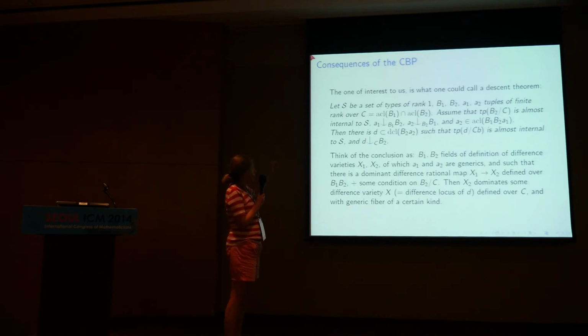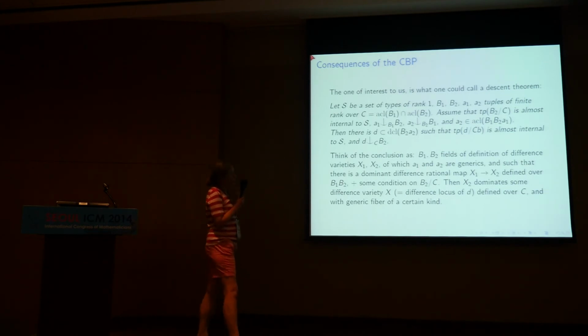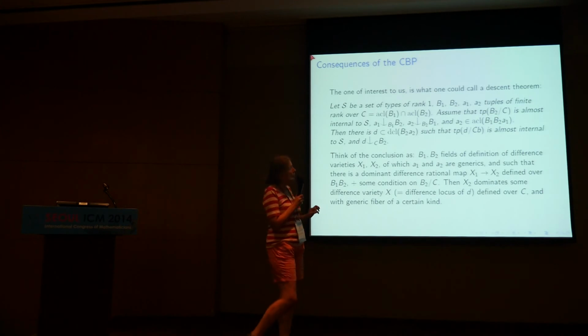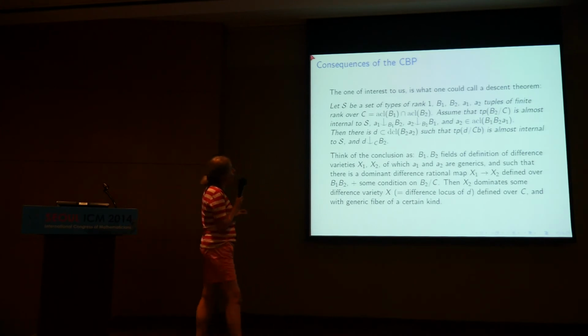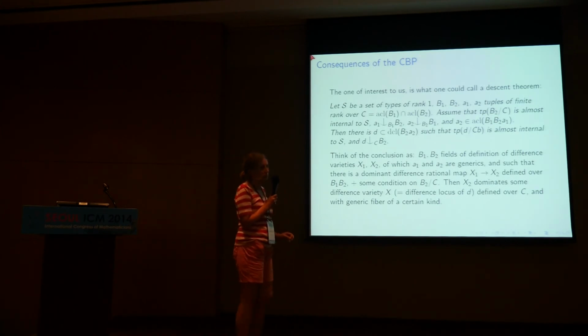A1 and A2 are going to be generics of this difference variety over B1, B2. In other words, A1 does not satisfy more equations over B2 than it did over B1, and the same for A2. And you're assuming that A2 is algebraic over B1, B2, A1.